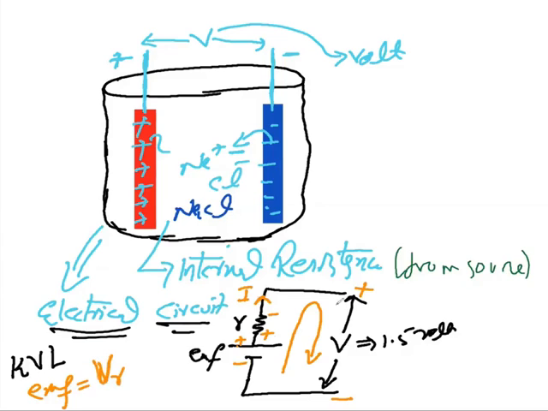And there is also a potential drop, plus V. If the current is I, then your EMF is equal to I r plus V.